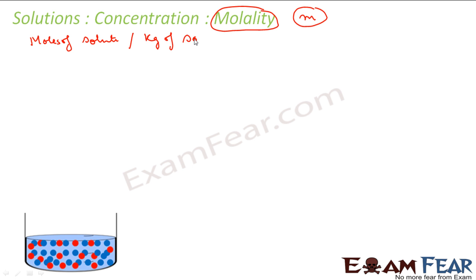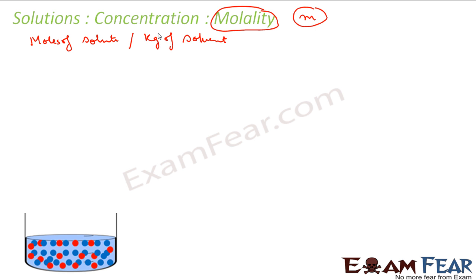So if you see, there is a difference here between molality and molarity. In case of molarity, we have volume of solution, but here we have solvent. Please note, in almost all the concentration terms we are using solution in the denominator. Only in case of molality we use solvent here. And there is a reason.